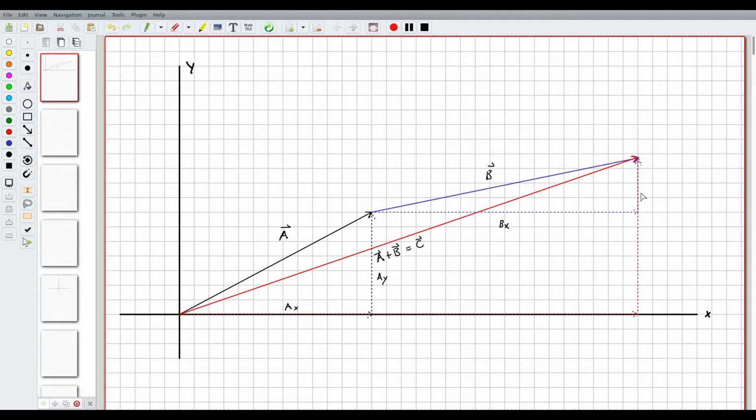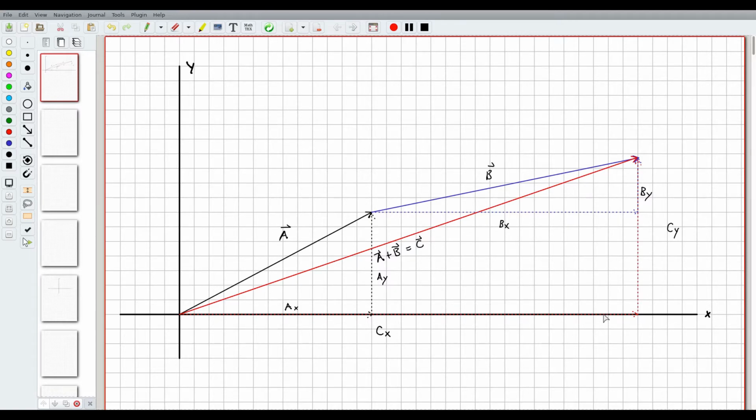And this piece right here would be BY. Now, when you add A to B, you get this third vector C. This long thing right here would be C's y part. This plus this would be C's x part.